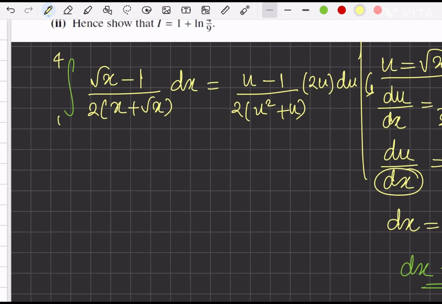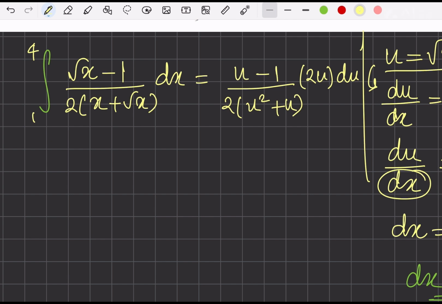Now in the next step I will simplify it further. So that means I will write here the integration of u minus 1 over, now I'll take u common outside.